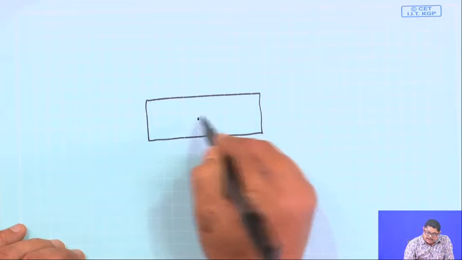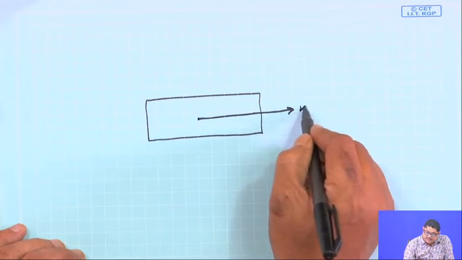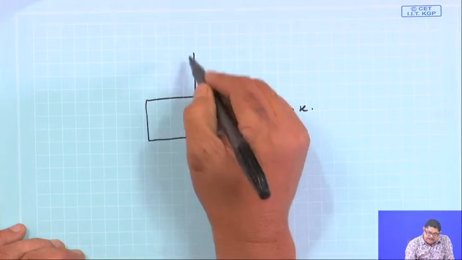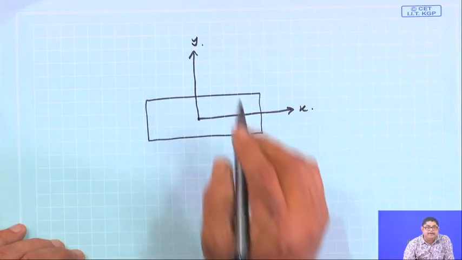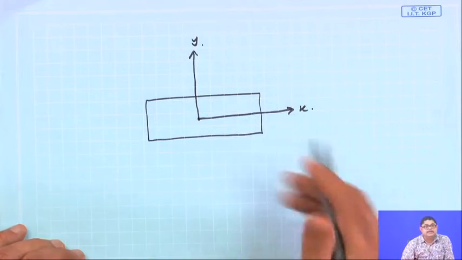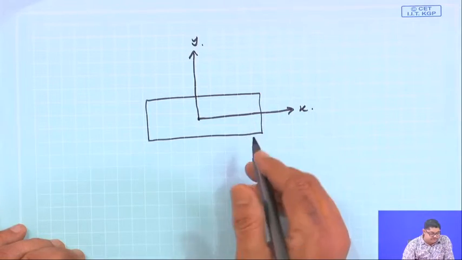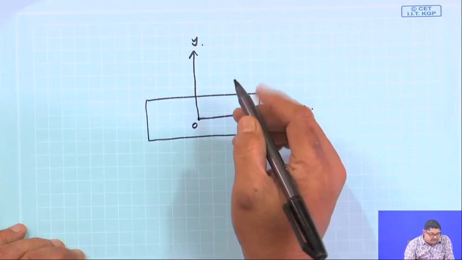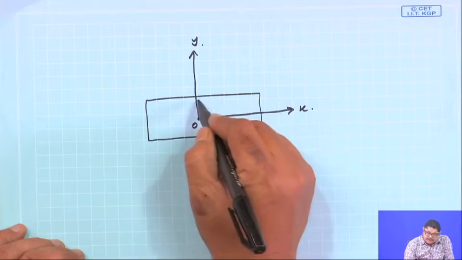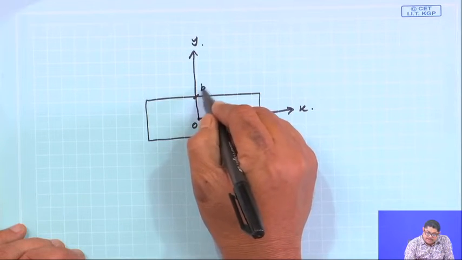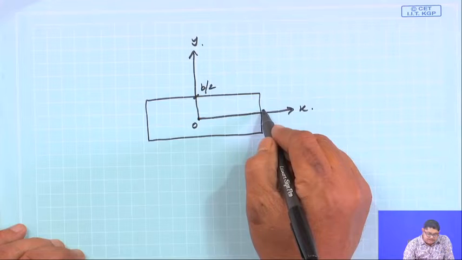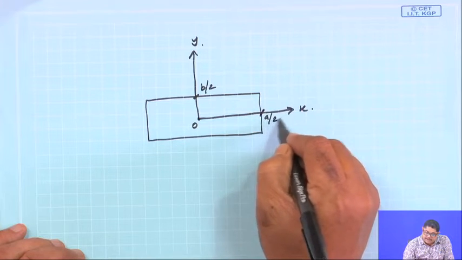So, let us say that in the xy plane the aperture is there, that is, the z equal to 0 plane, and let us say that this point is b by 2 and this point is a by 2.